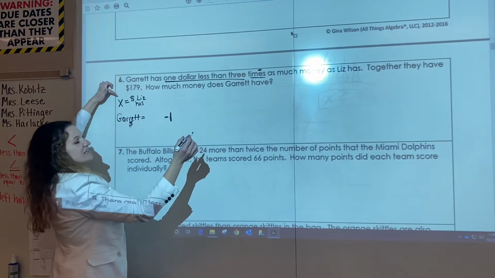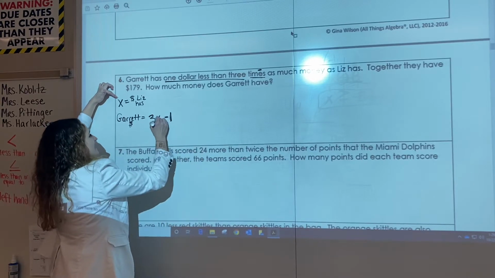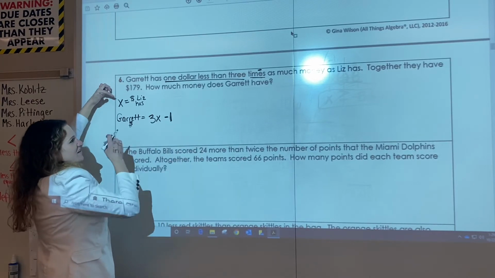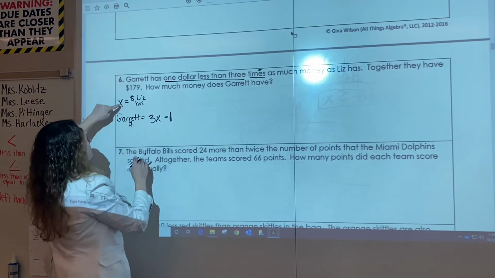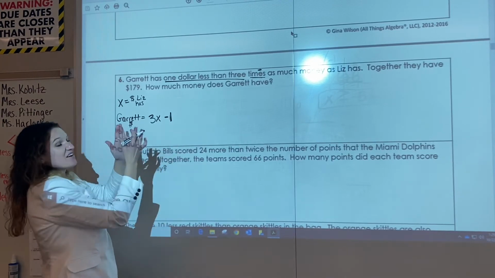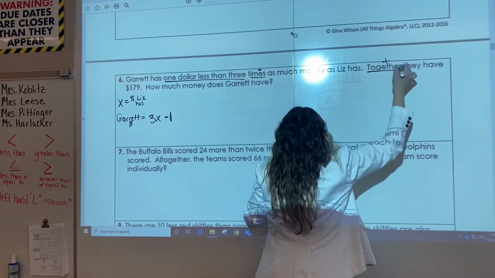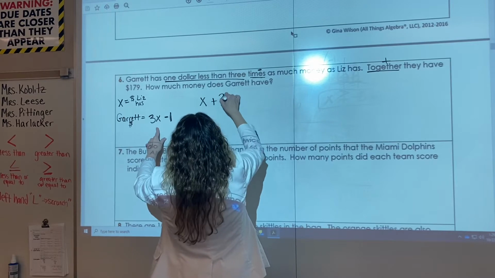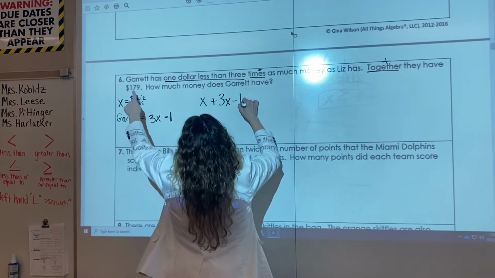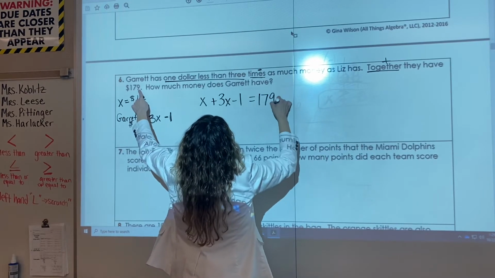And since Liz is the X, 3 times X will give me Garrett. So $1 less than 3 times how much Liz has. Together, that tells me I need to add them. So I have X plus 3X minus 1 equals 179.